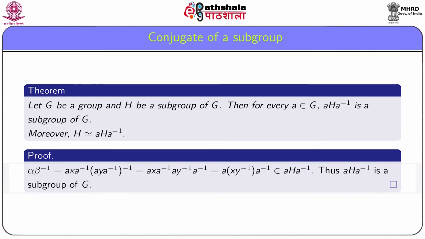But (aya inverse) whole inverse is equal to ay inverse a inverse. Thus we get alpha beta inverse is equal to a xy inverse a inverse. Since H is a subgroup and x, y are in H, we have xy inverse is in H. Thus alpha beta inverse becomes an element of aHa inverse. Thus aHa inverse is a subgroup of G.